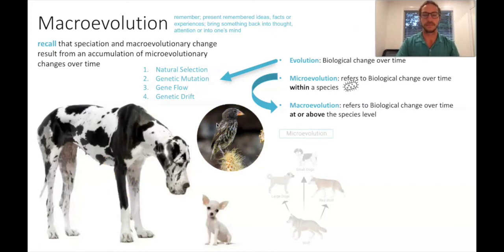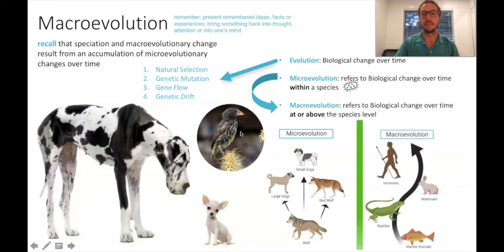So we have microevolution within a species, as we observe with the common grey wolf and all the variations of descendants that have come from it. But macroevolution, which we can observe here according to this definition within this particular finch, is at or above the species level.